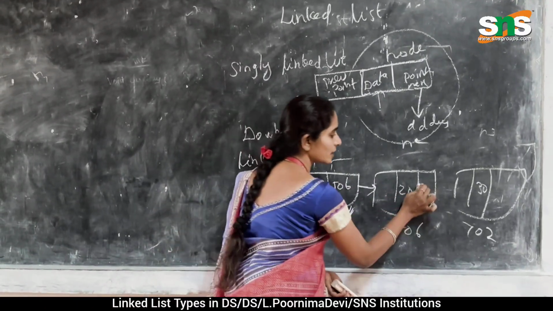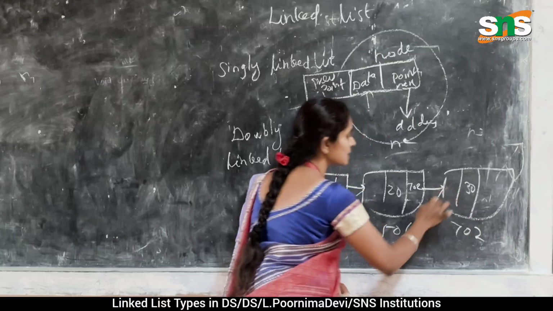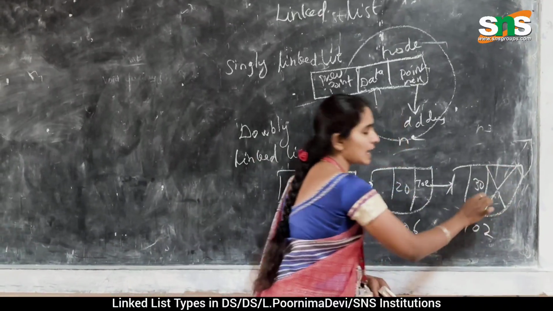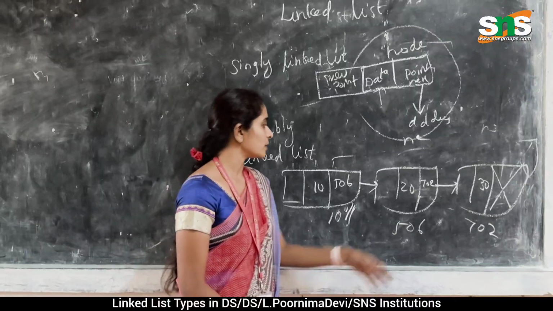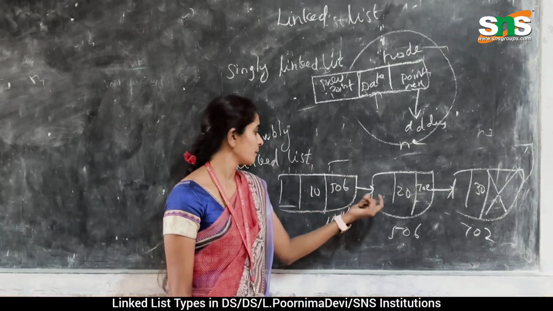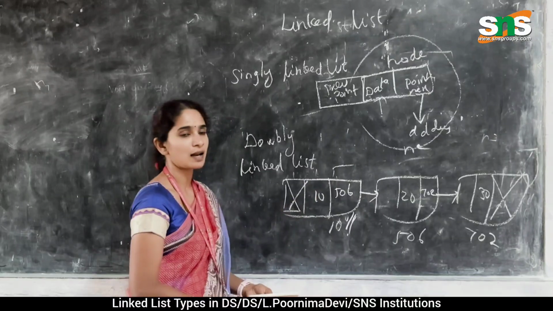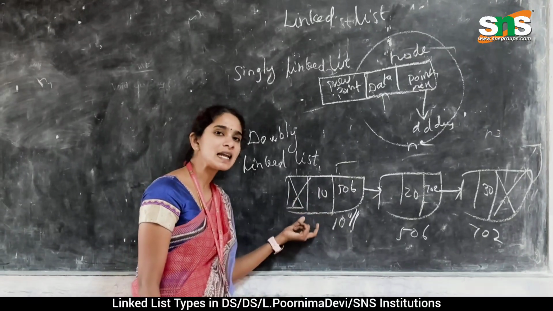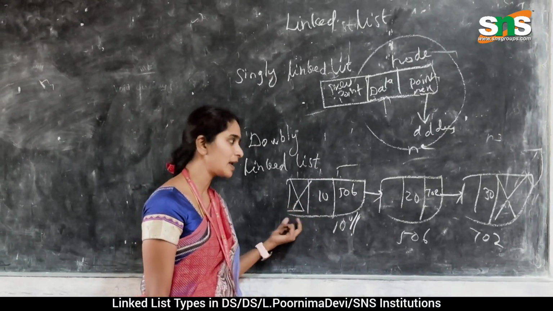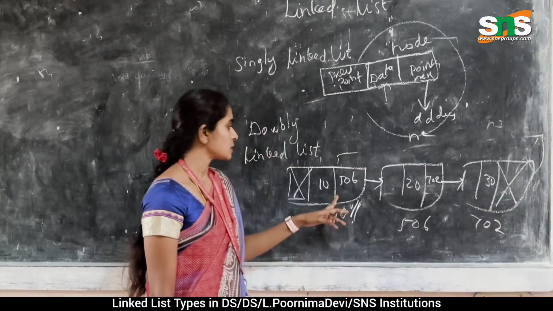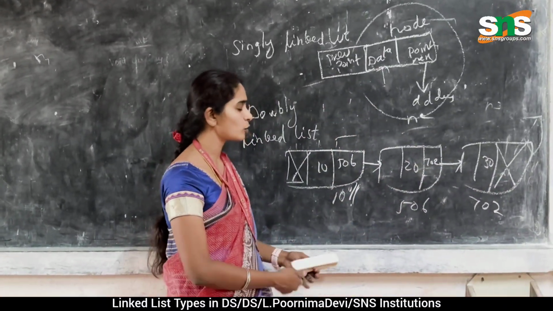After 20, the element to be visited is 30. The next of 30 is null. Before 10 there is no element, so the previous pointer has to be null. Your first element's previous pointer has to be null, and the last element's next pointer has to be null. This is one thing we have to remember.